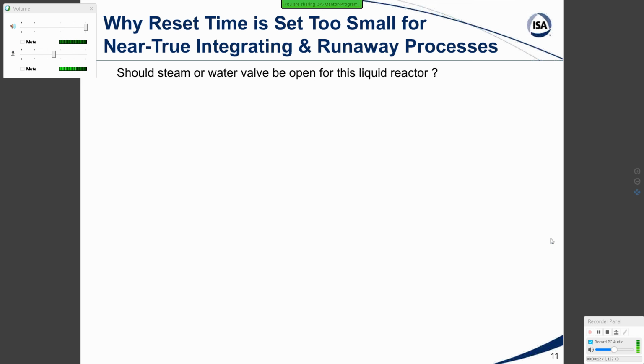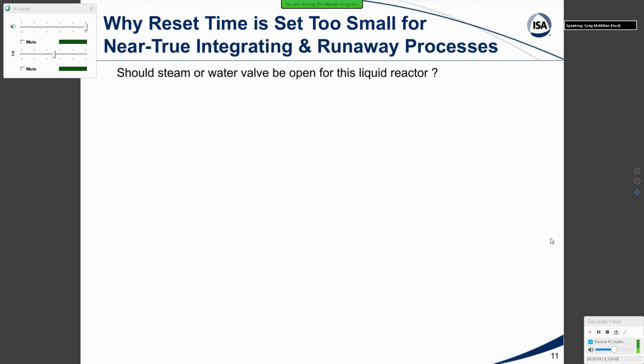But for the more interesting loops that I was talking about, at least to me, in terms of composition, temperature, pH, level control, and gas pressure control, you can probably go into a control room where there's a problem in terms of control or tuning, and just by increasing the reset time, in other words, reducing the amount of reset action by 2 or 3 orders of magnitude, the loop stabilizes.